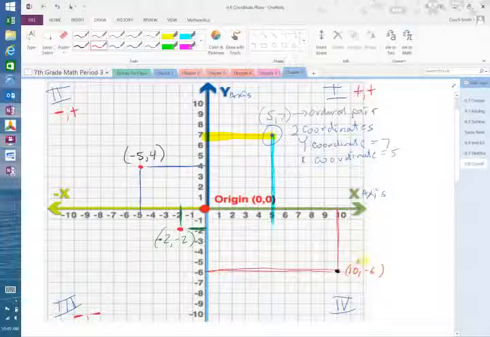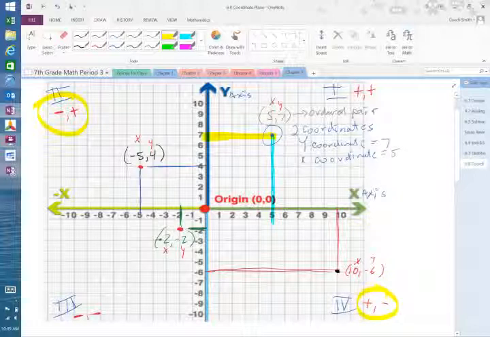It's always the x and then the y on all of these. The x, then the y, the x, then the y. So here, it is positive, negative. And what you will notice is this one and this one, quadrant 2 and quadrant 4, are the opposites of each other. Quadrant 2, the x is negative.